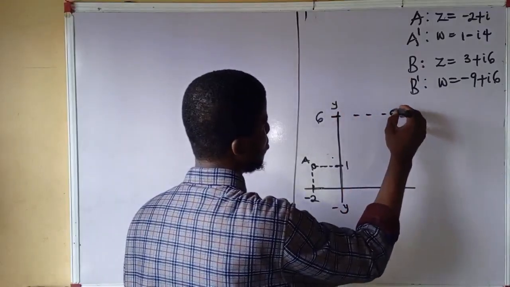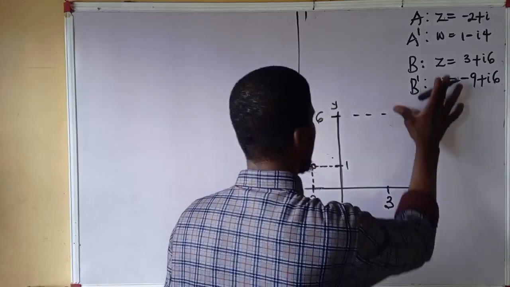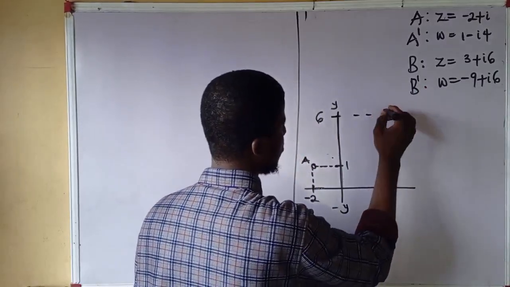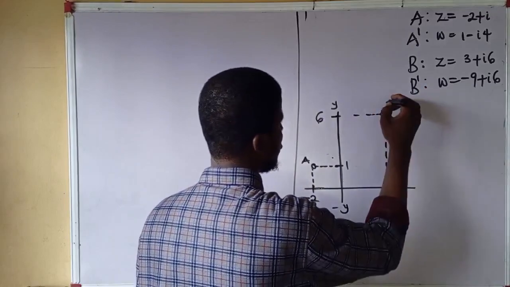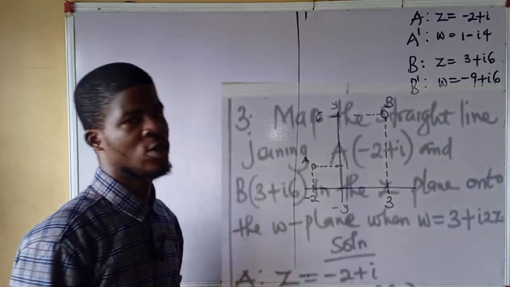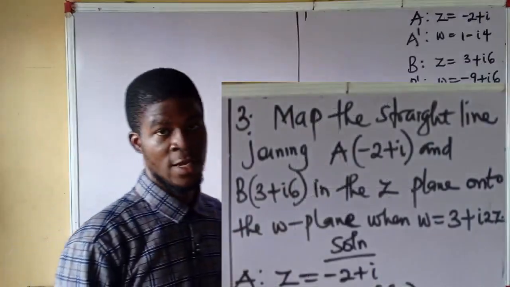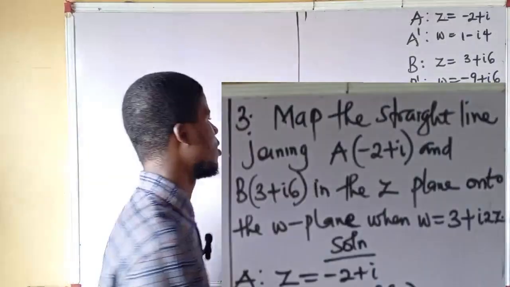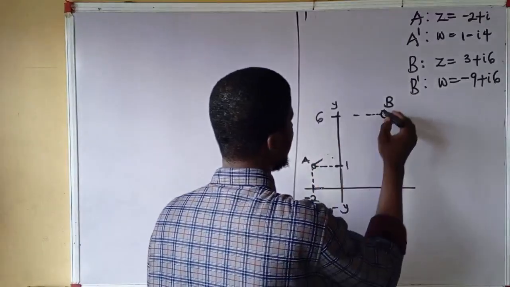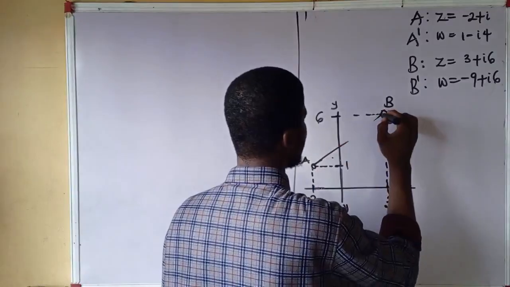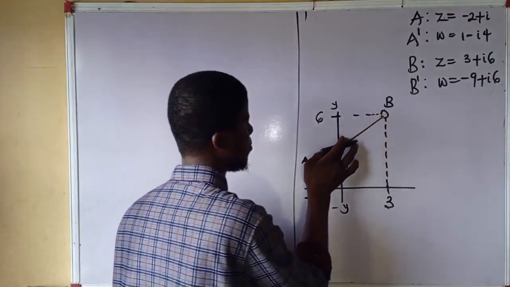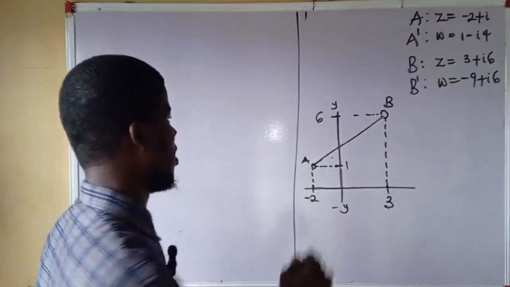So this is B. The question told us that it is a straight line. It says we should mark the straight line joining these 2 points. So A and B is a straight line. That's AB. Okay, this is for the Z plane.